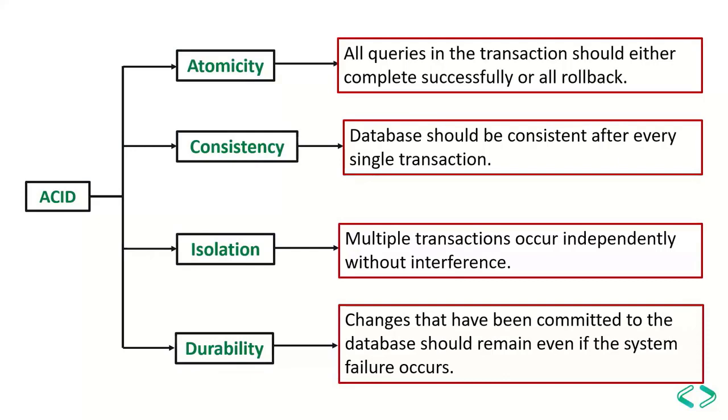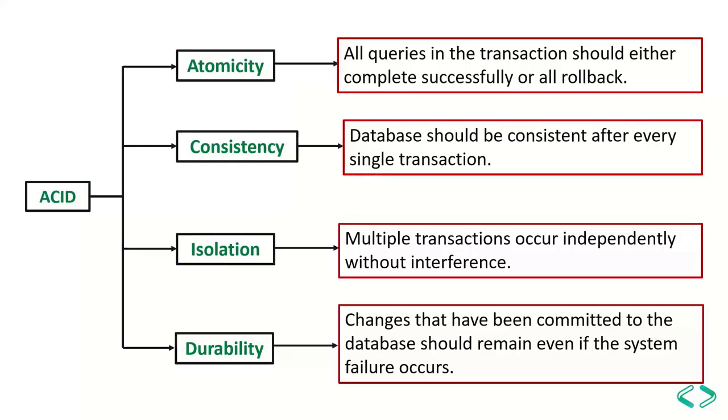Now, what is this ACID? A stands for atomicity. Atomic meaning a single unit of work. A single transaction can contain one operation or it can contain multiple operations in it. All the operations inside every single transaction should either complete successfully or none of them.